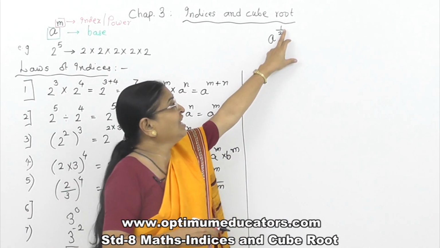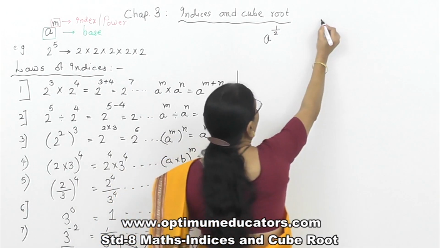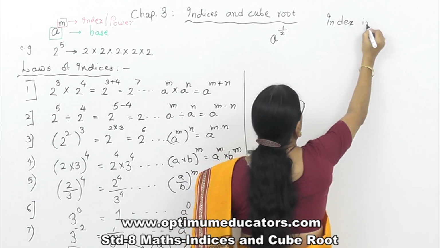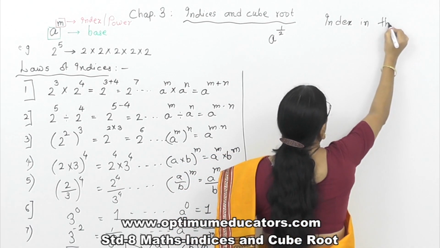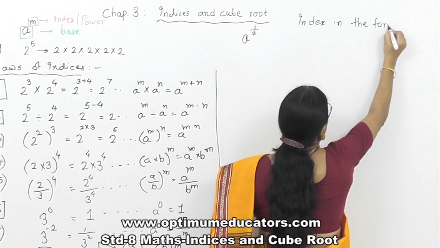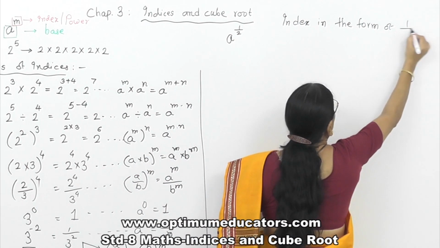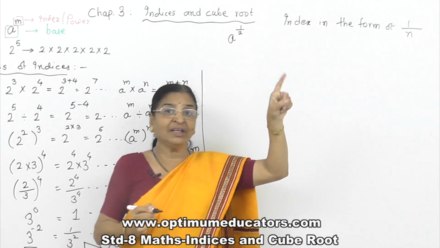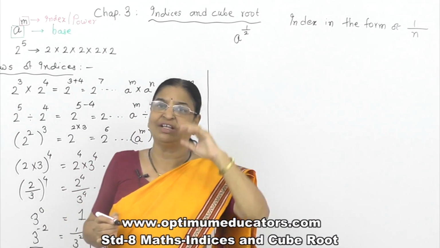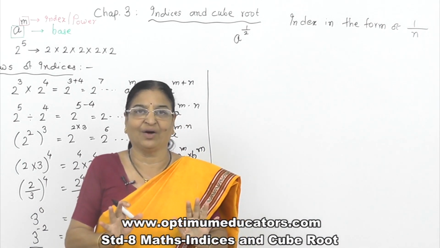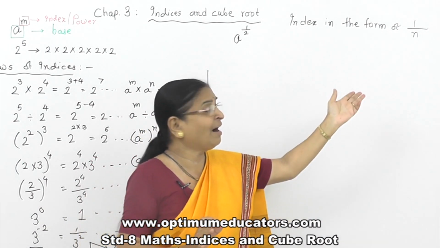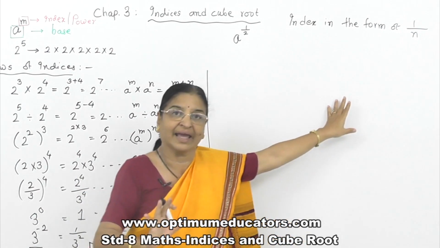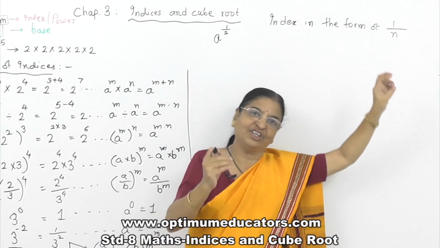In that fraction, I will give you the index in the form of 1 upon n. See, what is the importance? 1 is the numerator. It is always 1. First we will take that numerator is 1, and if it is other than 1, we will find out later.